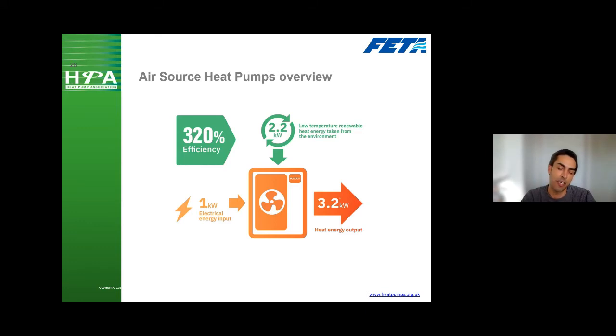This means now that rather than using electric resistive or electric storage heaters that give you 3.2 kilowatts of power for every 3.2 kilowatts of energy that go into it, in this case now the grid can be a third of the size than it would otherwise be required to be if we were to install electric heating systems. So this is why heat pumps have been chosen as the selected technology to move us towards this new world. And that's a very simple diagram as to how that comes together.